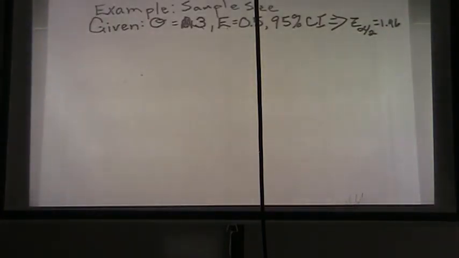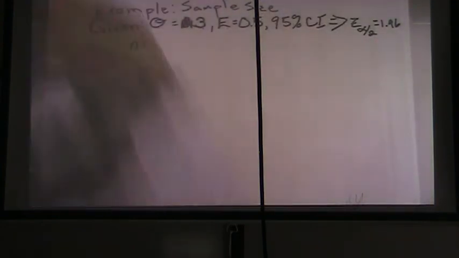Our error equal to 0.5. And for a 95% confidence interval, which of course implies Z alpha divided by 2 equals 1.96.